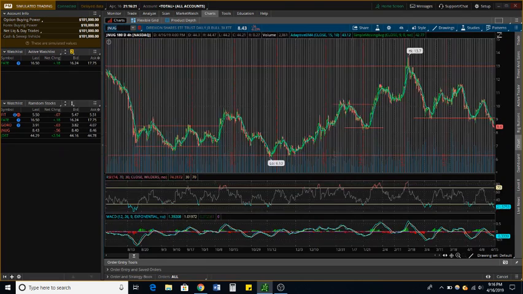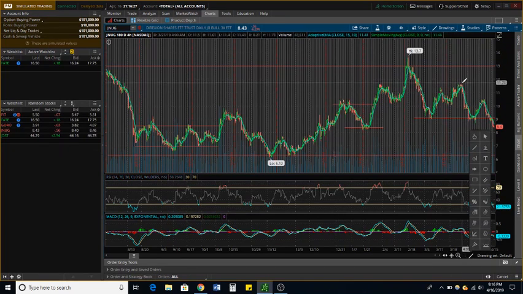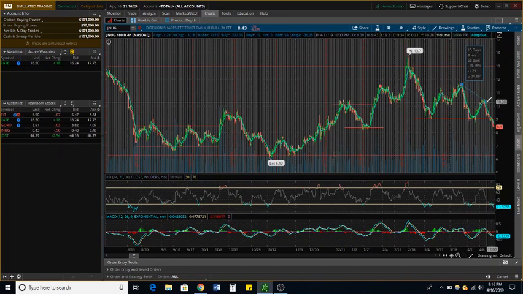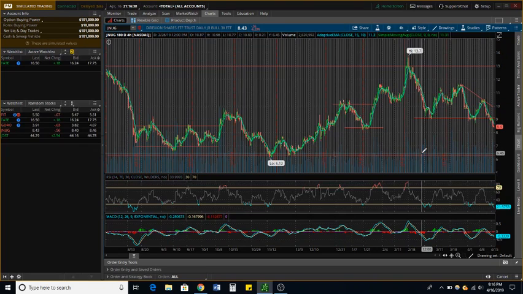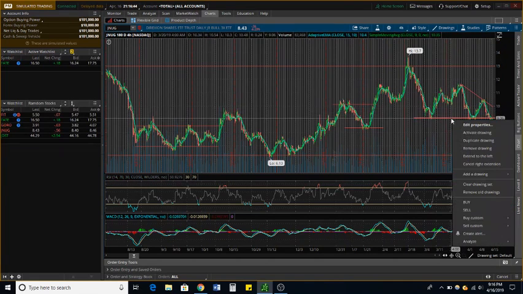Totally forgot about that. Let me see how I can do this to draw the trend line so it goes down. Oh, there it is. Okay, so right now it's making lower lows, so not really sure. Actually, that's probably what it's going to do. Hold up.